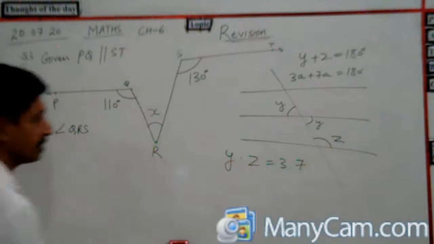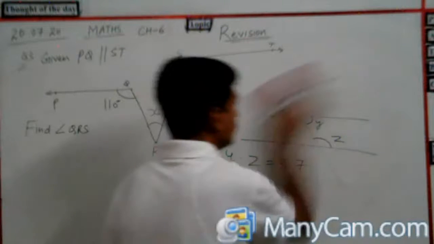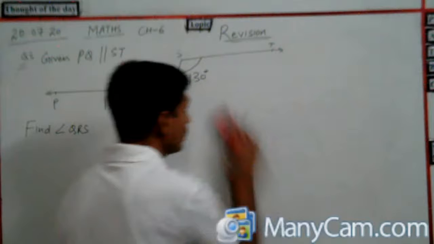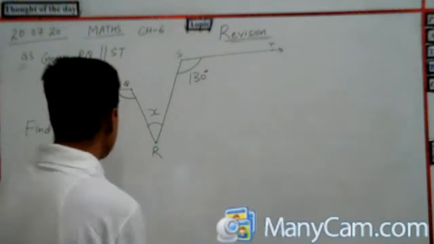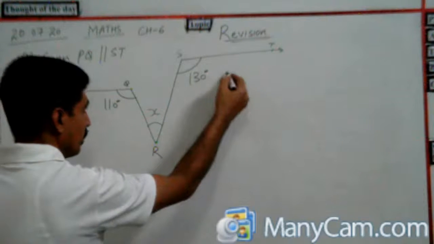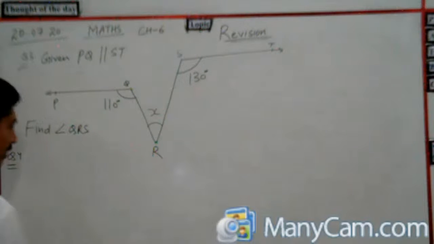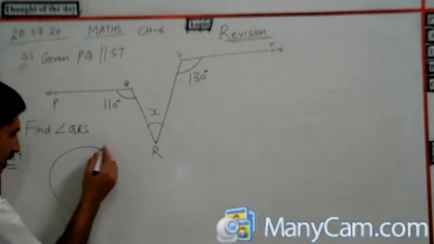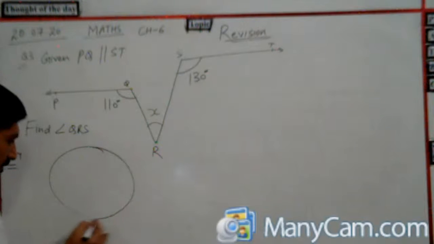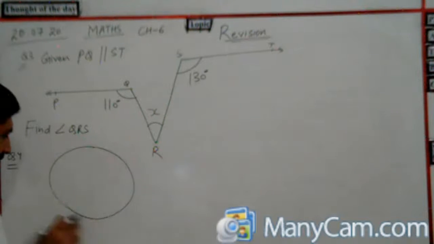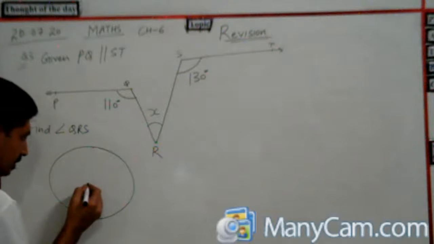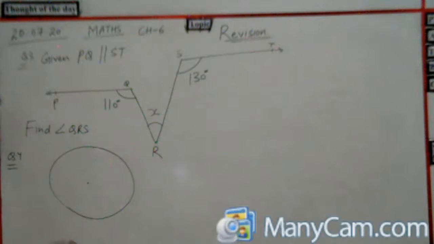Let's check. And the fourth question, I will present. Then question number 4 here. I have one circle with center O, right?